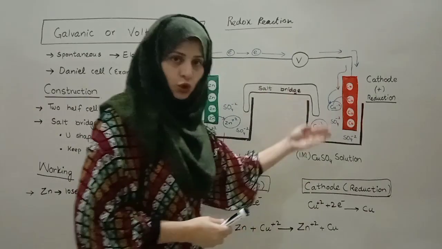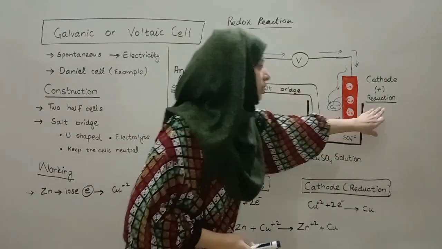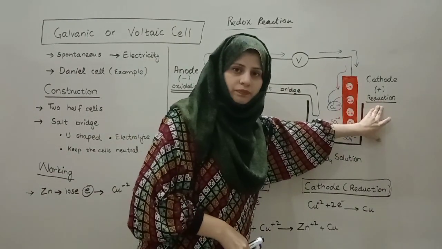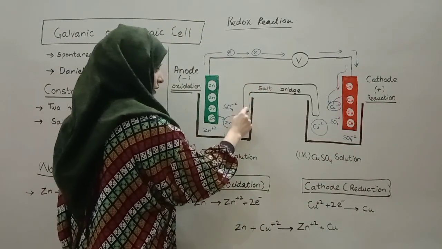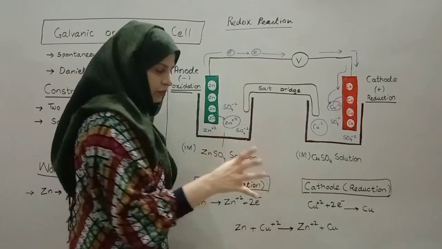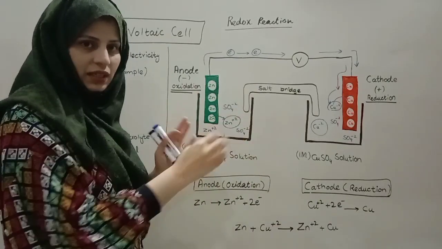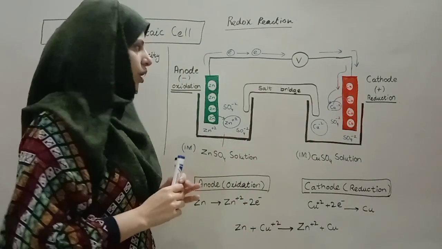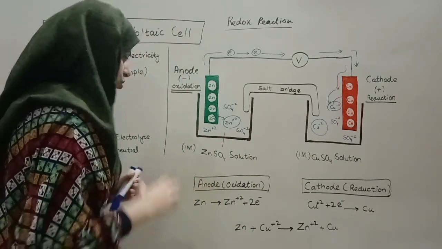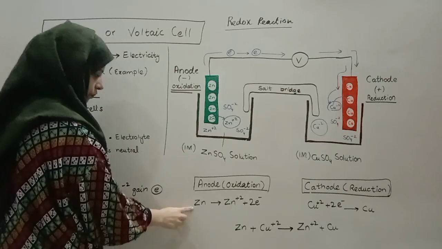As they gain electrons, the gain of electrons is called reduction. Next, the salt bridge provides a pathway for the migration of ions so that both these solutions become neutral.